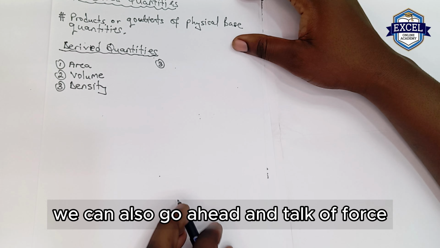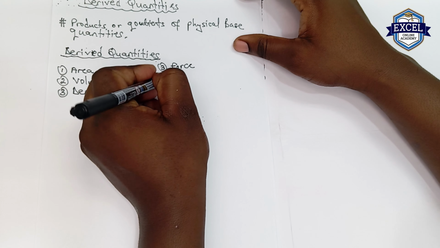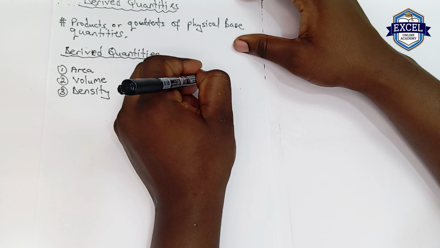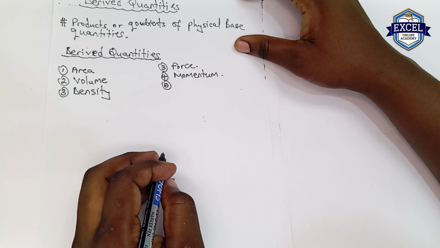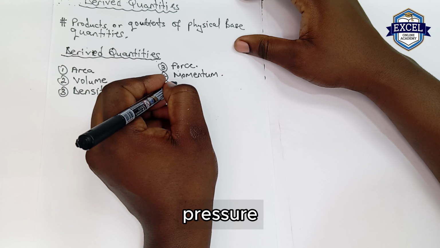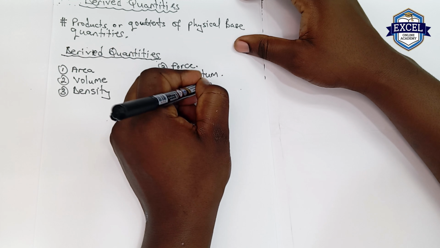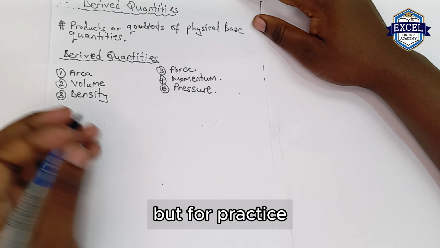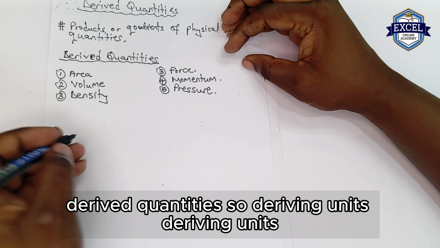We can also go ahead and talk of force. Number 4, we can have momentum. Number 5, we can have pressure. So these are all examples of derived quantities, but they are not only these, there are more derived quantities. But for practice, we're going to be deriving units for these derived quantities.